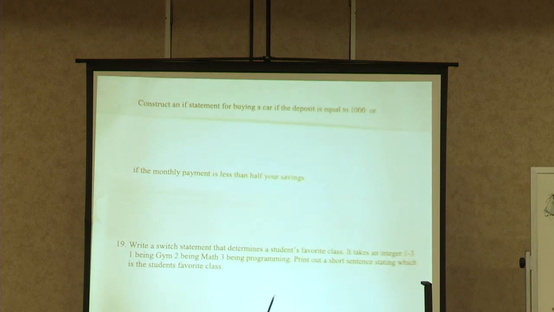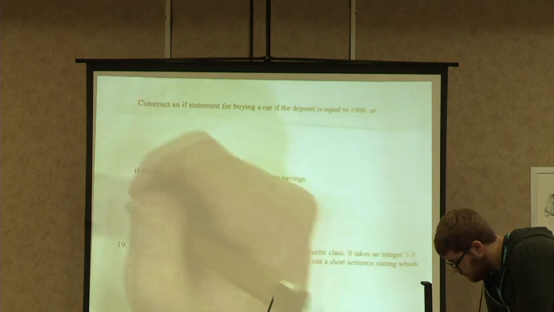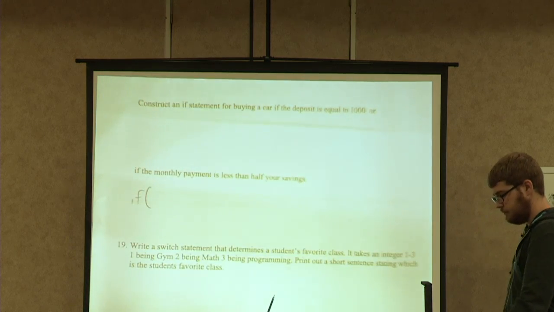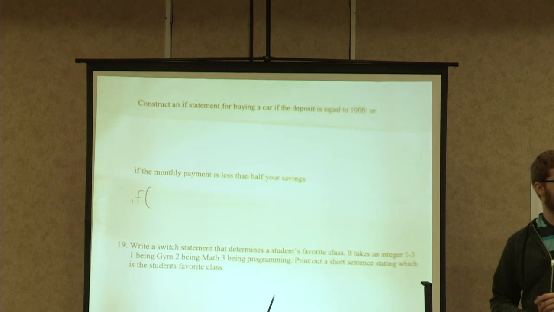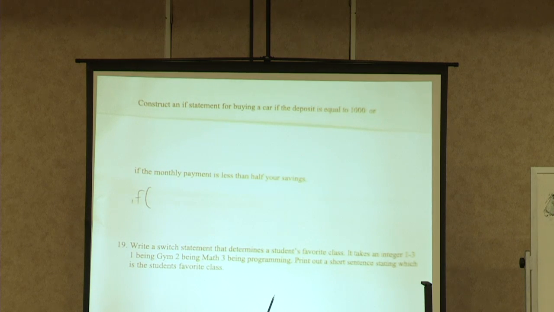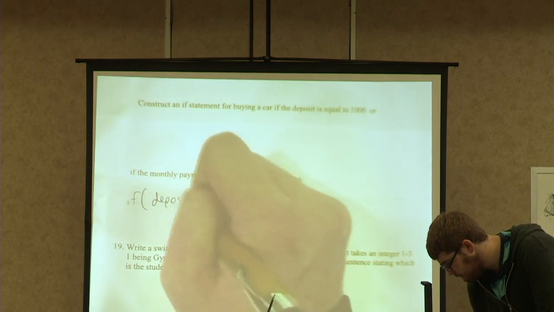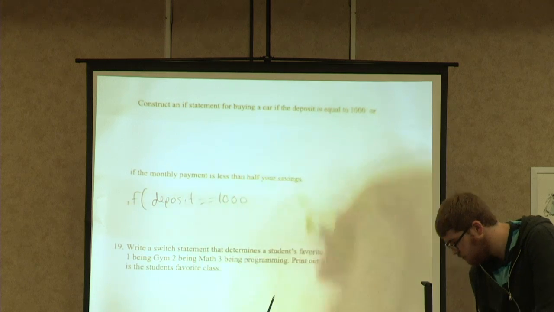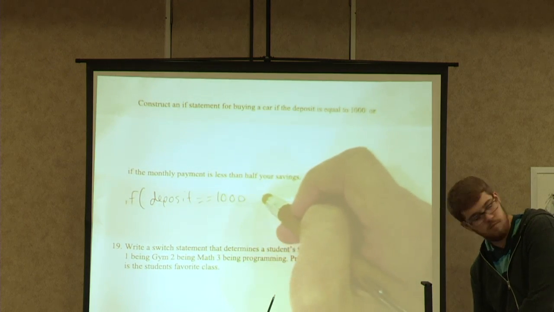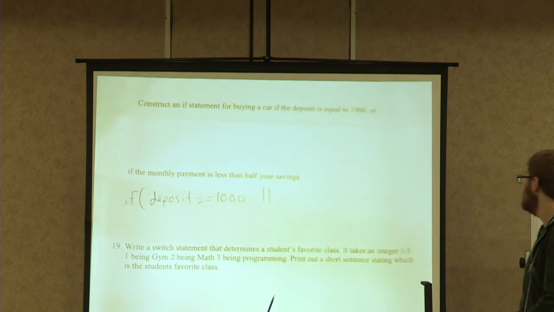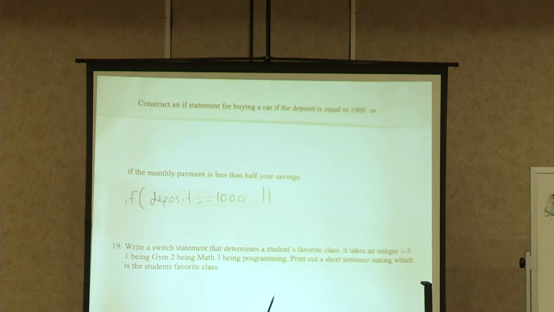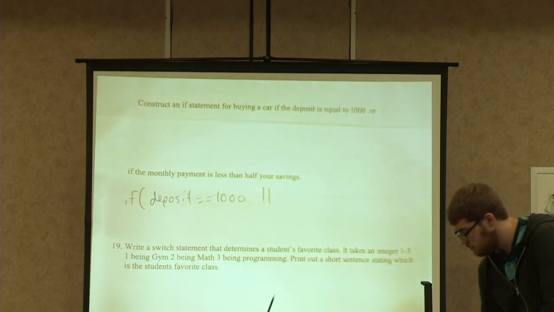Okay. Next part of it, construct an if statement for buying a car if the deposit is equal to 1,000 or if the monthly payment is less than half your savings. So if deposit equals 1,000, then the or lines, the two straight lines, and then payment is less than savings over 2.